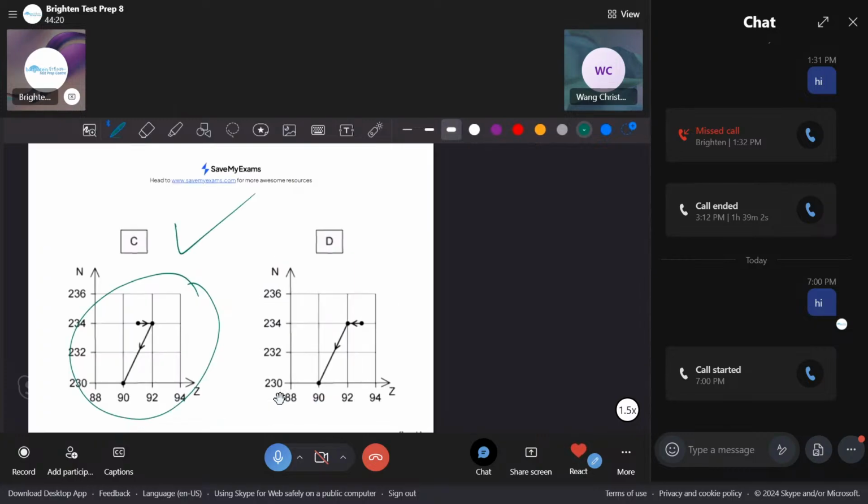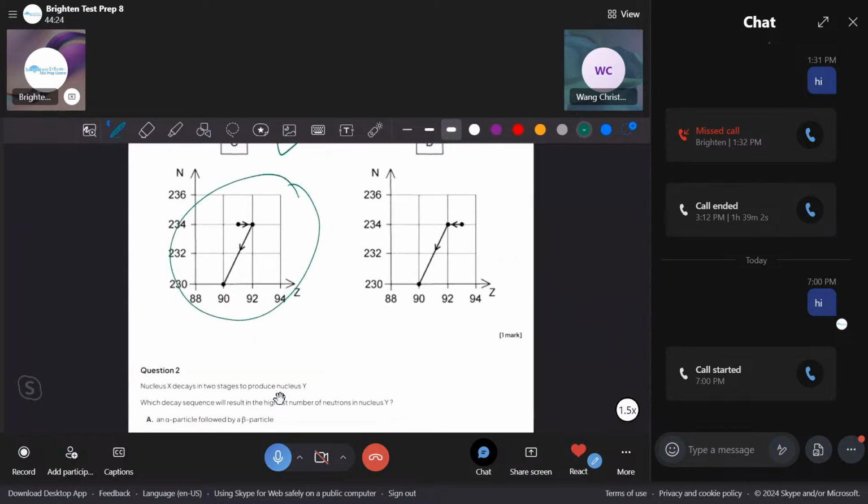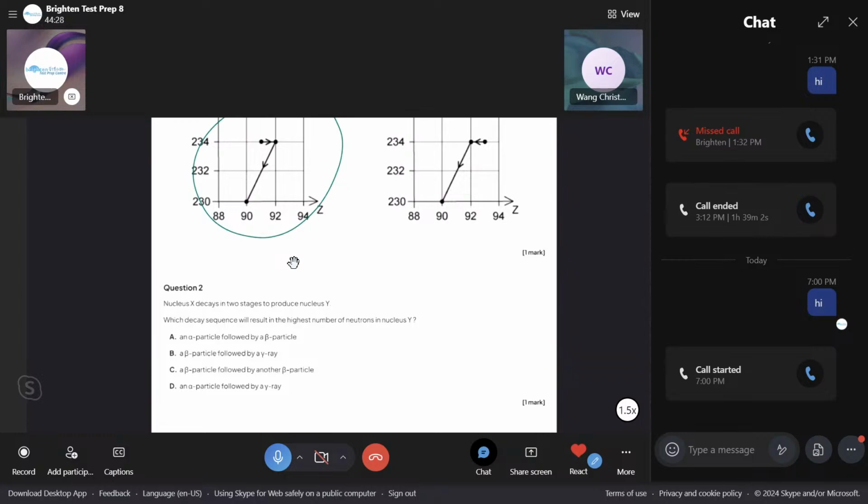Sorry, question 2. What happens in 2? They're not that difficult. You just have to follow the path, so to speak, and do it step by step.